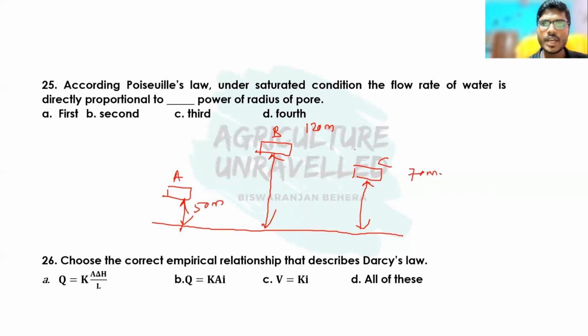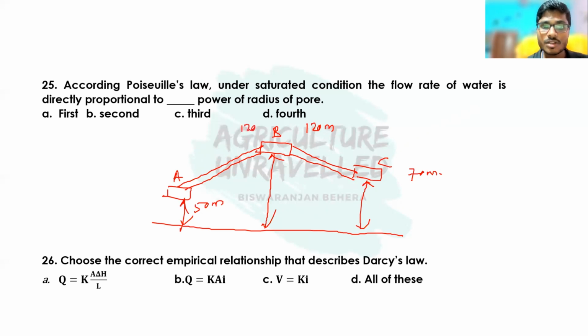Then we will connect. If we connect tank A and tank B, and tank B and tank C, so tell me, in which case will the flow rate be more? A higher quantity of water per unit time will flow in case of A. This is because of the hydraulic head difference.